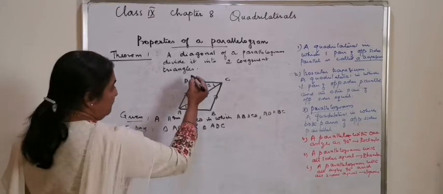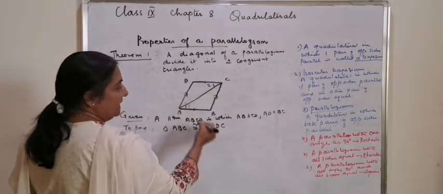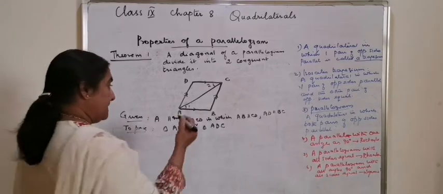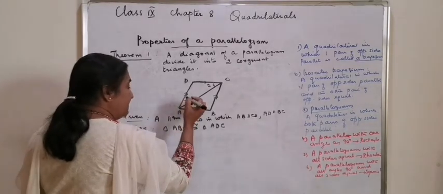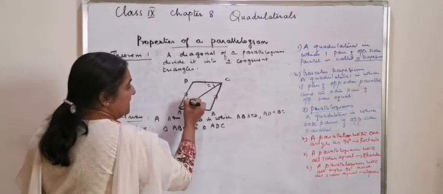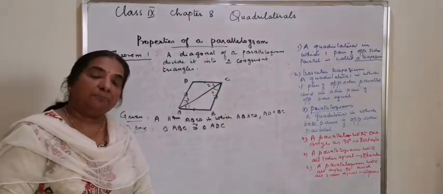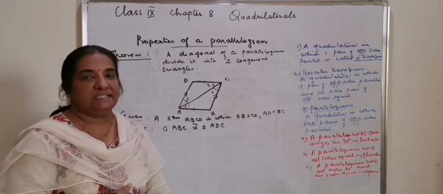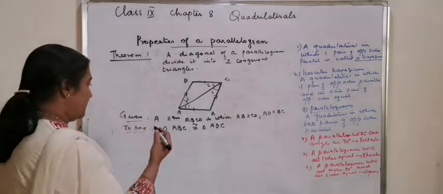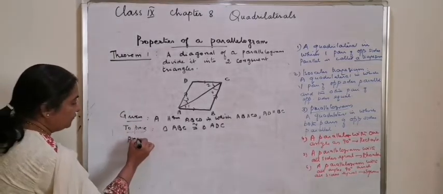Similarly, for the lines AD and BC, with the same AC as the transversal, angle 3 and angle 4 will form another pair of alternate interior angles. So let's present the proof.